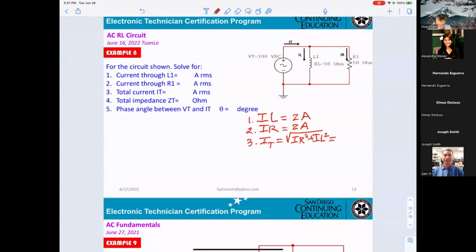That means 2 squared plus 2 squared is 8. Square root of 8 is 2.828. Correct, 2.828. That's the answer to number 3.